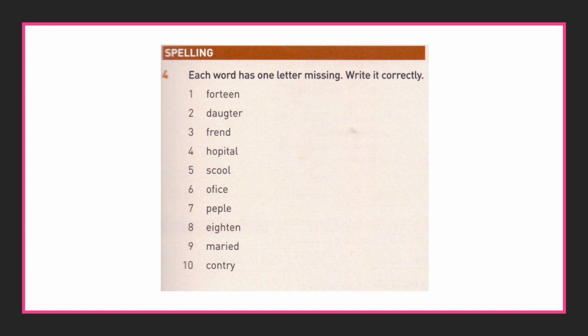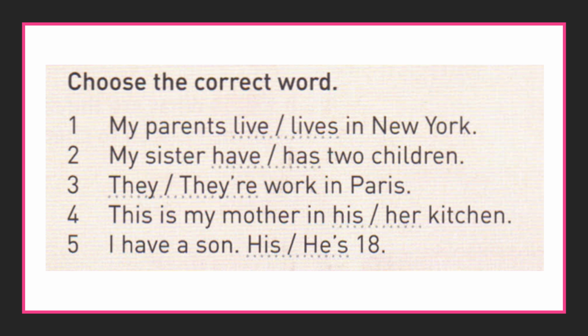Each word has 1 letter missing. Write it correctly. This is a spelling question. The second question, choose the correct word. Look at the sentences and choose the correct word here.